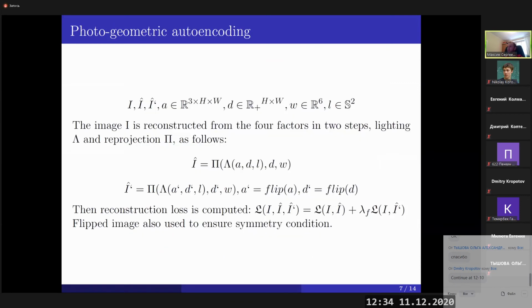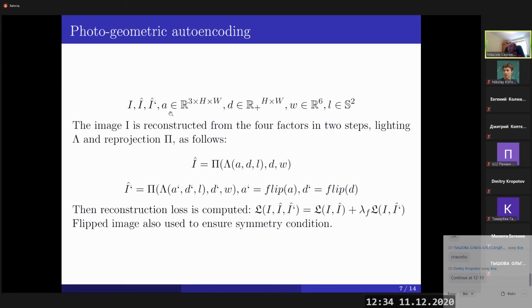So now let's get into details. Let I, I-hat, and I-hat with a cross be the original image, the recovered image, and the flipped recovered image.